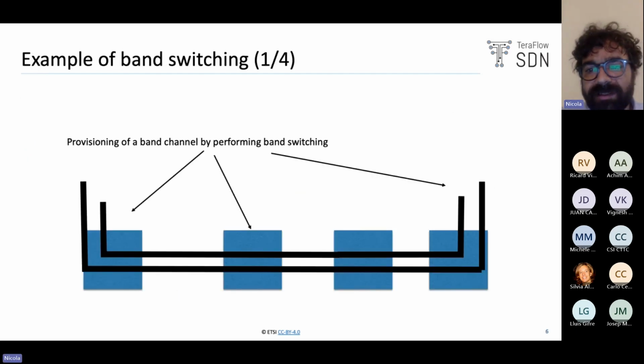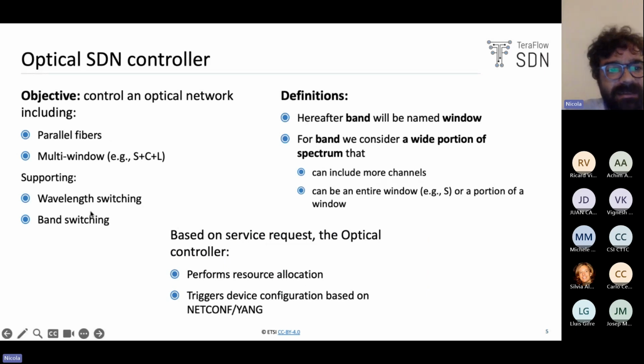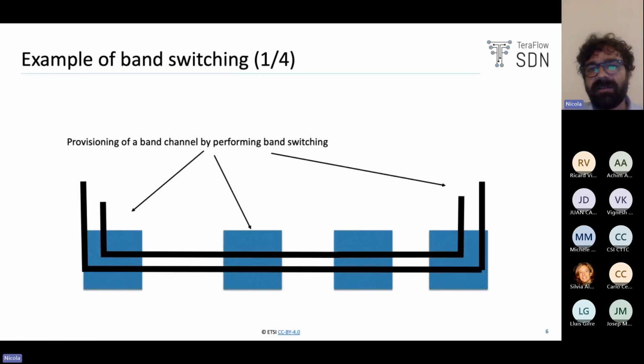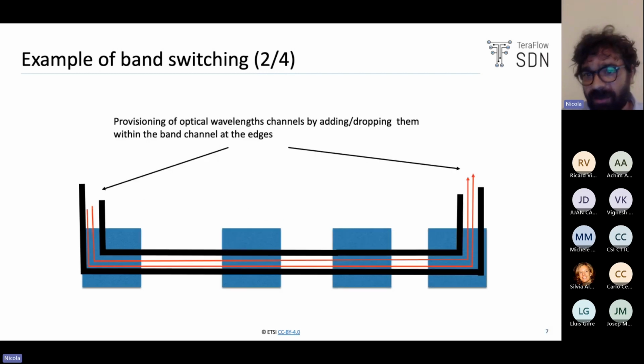A few words about the band switching. For band switching, we are considering this kind of scenario. We can set up within a network a band circuit, so as I told you, a circuit with a wide spectrum, and inside this circuit we can accommodate some channels.